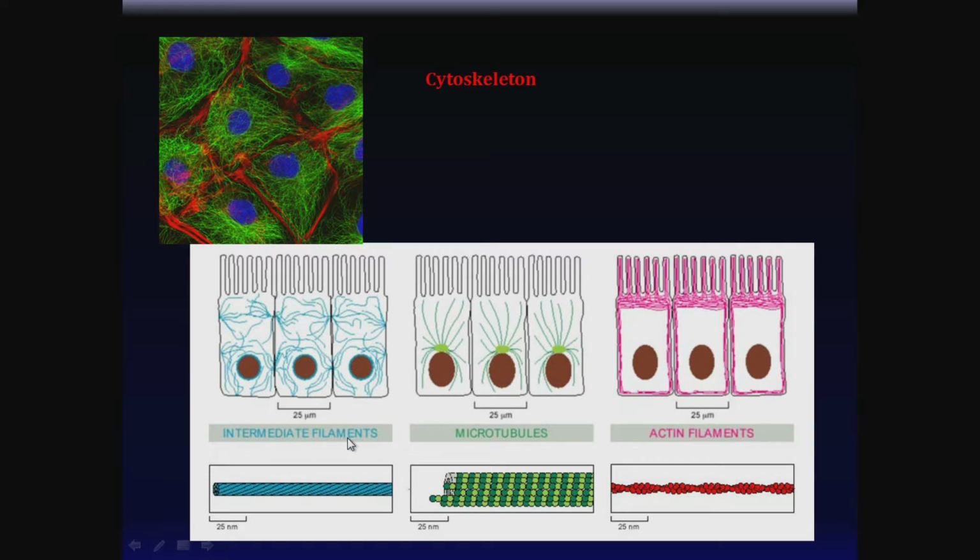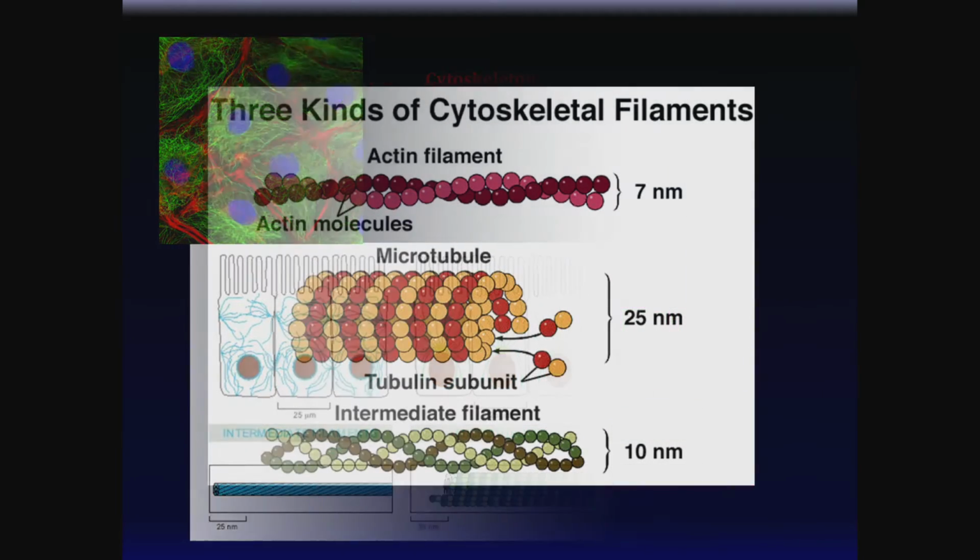They're called intermediate filaments, microtubules, a little bigger, and actin filaments. They are found in different locations of the cells. For example, this one looks like intestinal type of cells, etc. They're mostly over here, whereas the microtubules are over here, and intermediate filaments are over here. They're like threads of proteins that run around and act as highways inside of a cell.